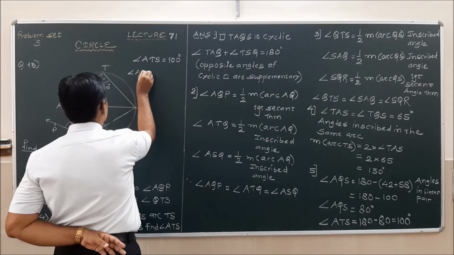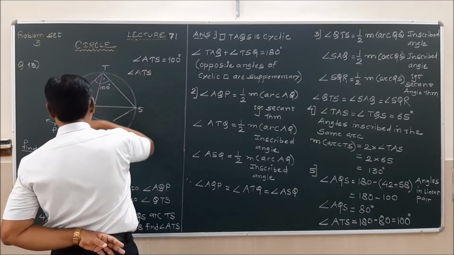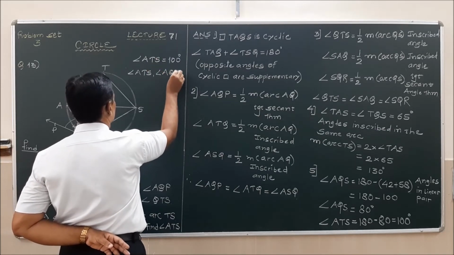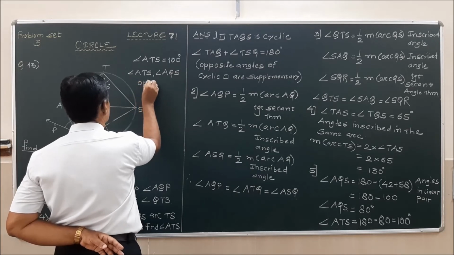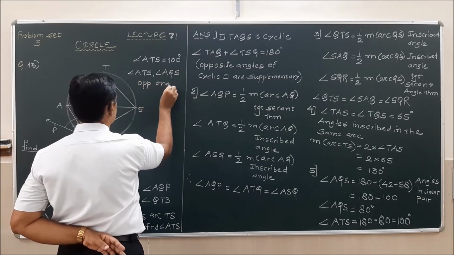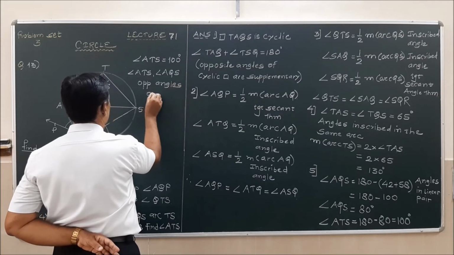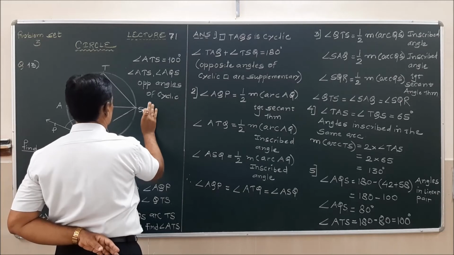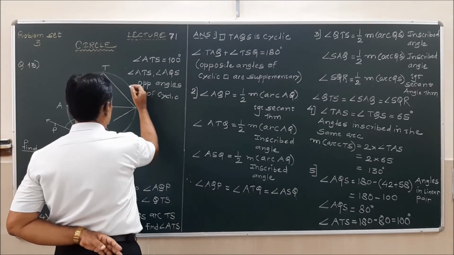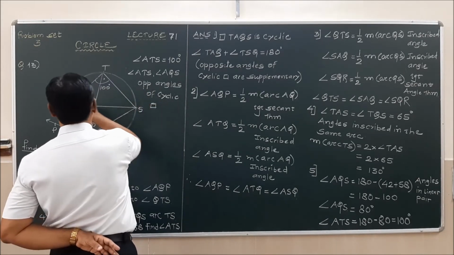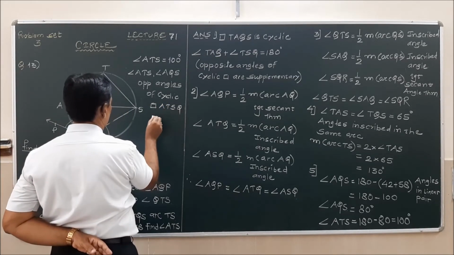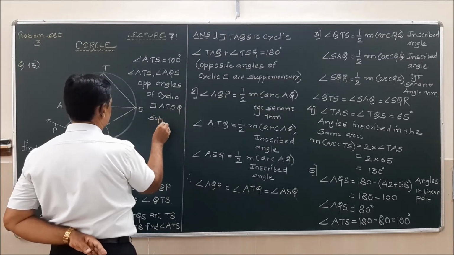Angle ATS and angle AQS are opposite angles of cyclic quadrilateral ATSQ, so they are supplementary.